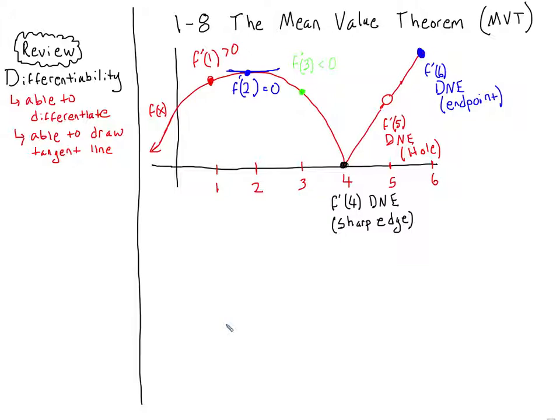Again, differentiability, there are 4 definitions. F prime exists. It means it's differentiable. What were some of the other ones? Derivative. It means we can draw a tangent line.